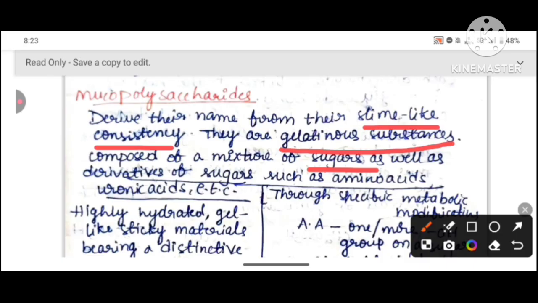So how can these derivatives be obtained from sugars?